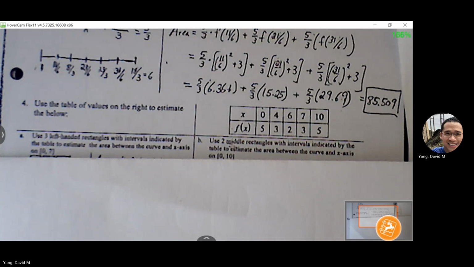You always subtract to get the width. All right, let me put the answers up, see how you guys did.